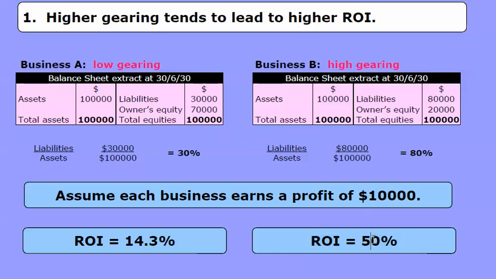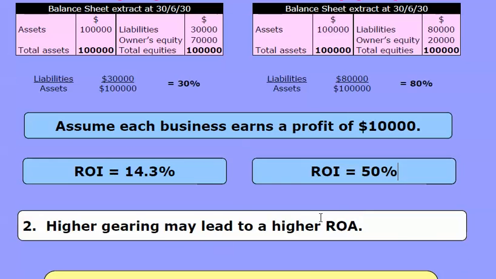And the reason is because the same profit is distributed over a much lower denominator. Owner's equity is relatively low in a high gearing business, so the rate of return tends to be higher. So that's one of the benefits of higher gearing. It can lead to higher returns on owner's investment.